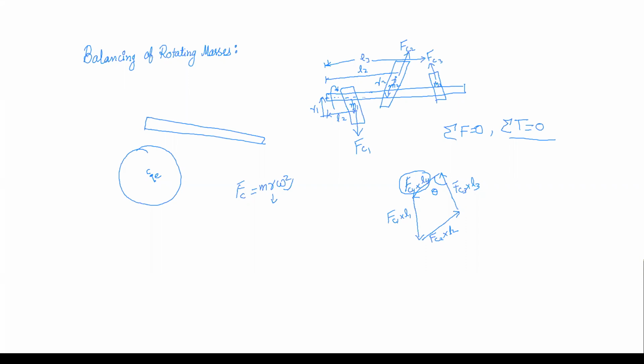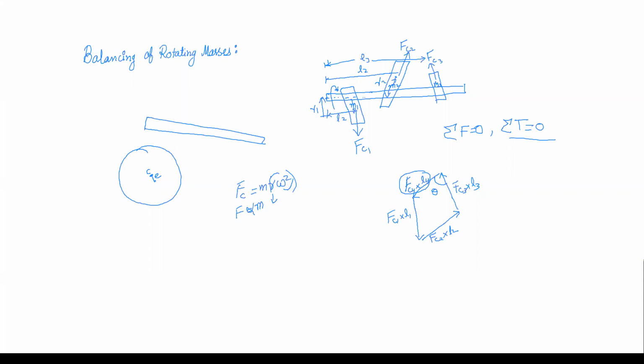Then R and omega are common for all, so F becomes directly proportional to M, because R and omega are the same.